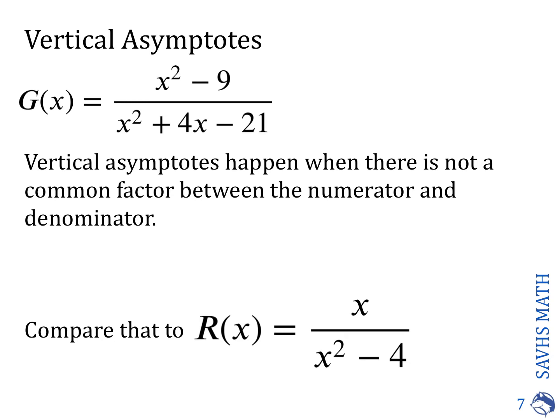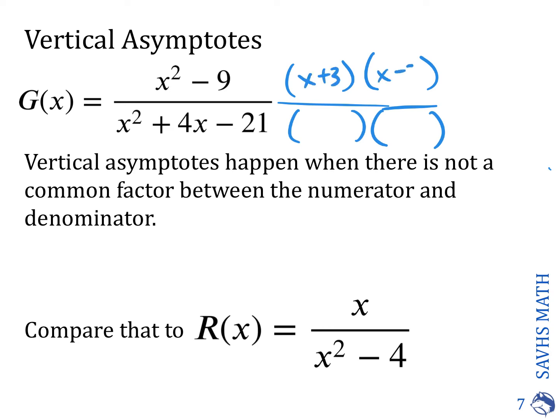Okay, so vertical asymptotes happen when you factor the top and the bottom, and then you get something that does not have a common factor. And so I can see that this polynomial on the top is going to factor to x plus 3 and x minus 3. And then the bottom, I'm going to get an x plus 3 and x minus 7.